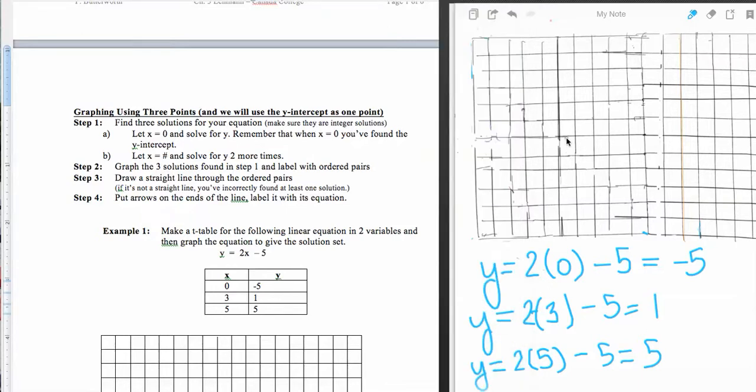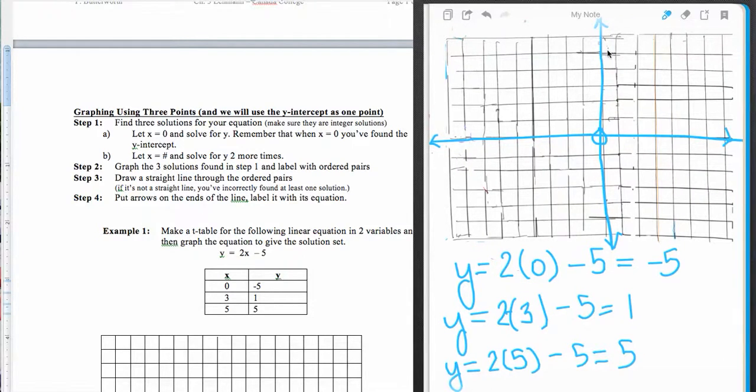Now from there, we're going to go ahead and plot this on our coordinate system. So I'm just going to draw in the axes here, just like this, and then I'm going to plot those 3 ordered pairs that I just made, just like we did before.